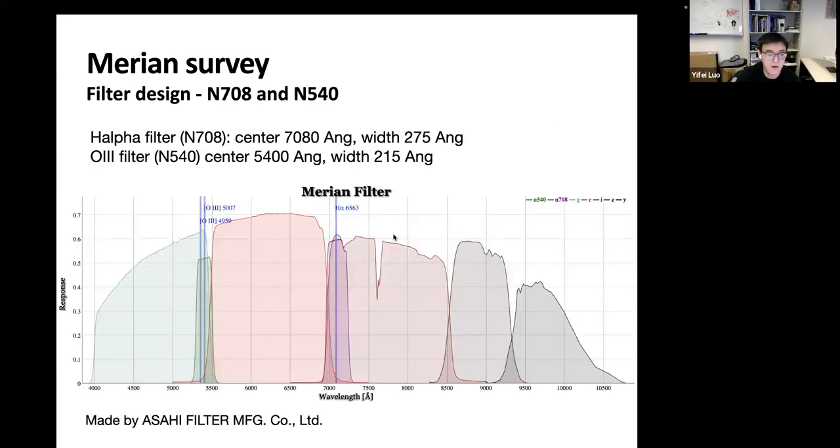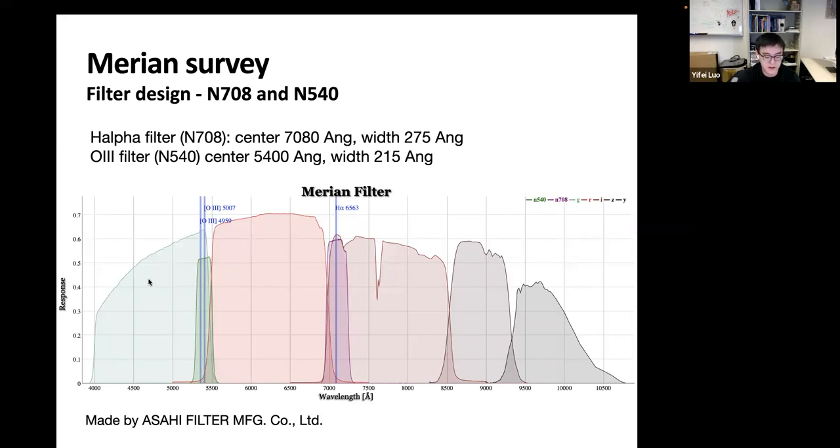So now I give you the overview again. Our H alpha and O3 filters for the Merian survey. So that's N708 for H alpha and N540 for O3. The filters are made by Asahi Filter Company in Japan. This is the actual filter transmission curve measured from the telescope for N540 and N708.